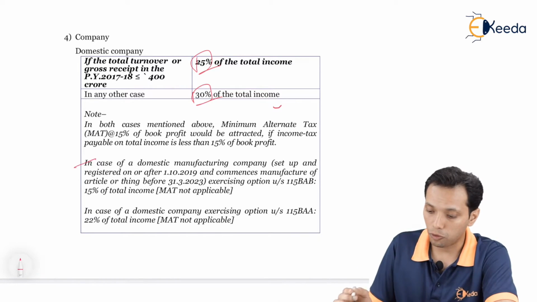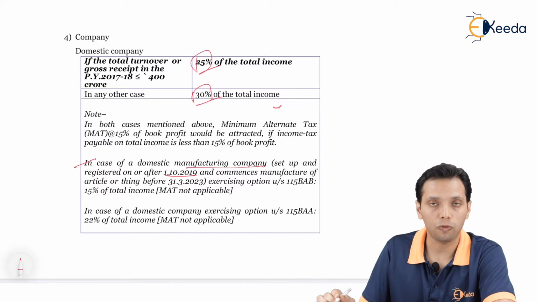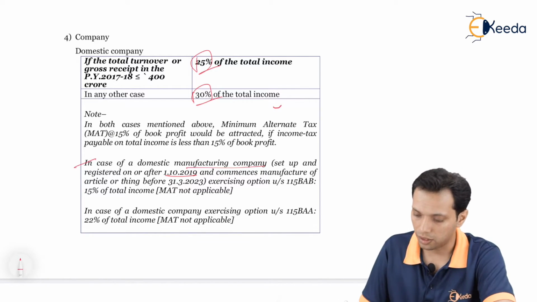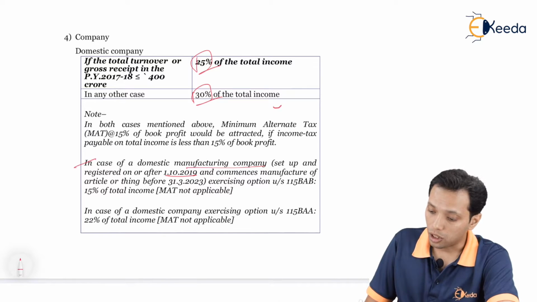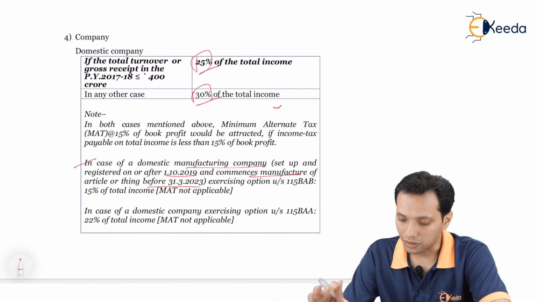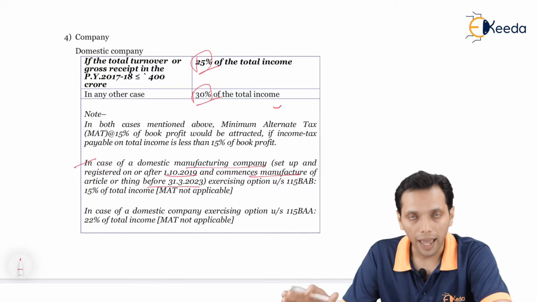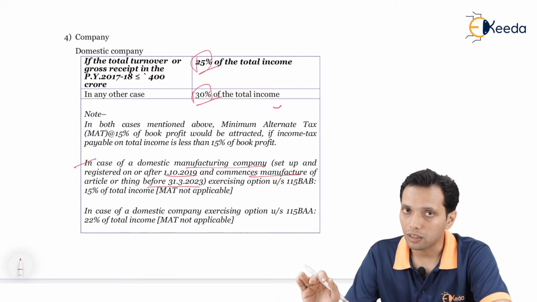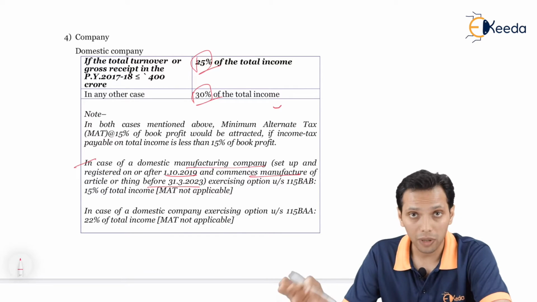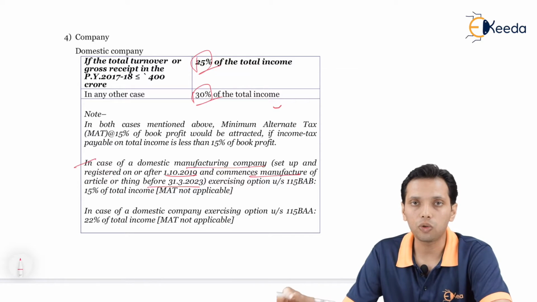And in the case of a domestic company, which is a manufacturing company, set up and registered on or after 1st of October 2019 and commences manufacture on or before 31st March of 2023. So the business is set up on or after 1st of October 2019 and the manufacture is commenced on any date before 31st of March 2023.